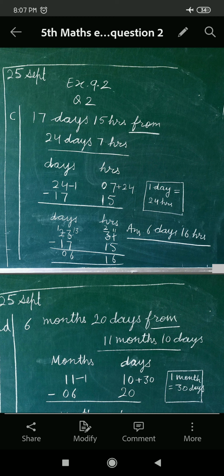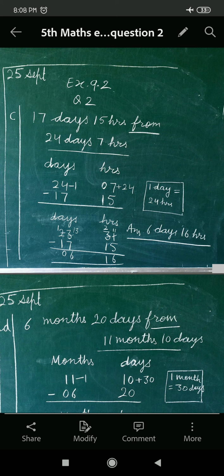Here after subtraction, we have subtracted one day from 24, now 23. 23 days 31 hours, and 17 15 as it is, you write, and now you subtract. Now your answer is 6 days 16 hours.